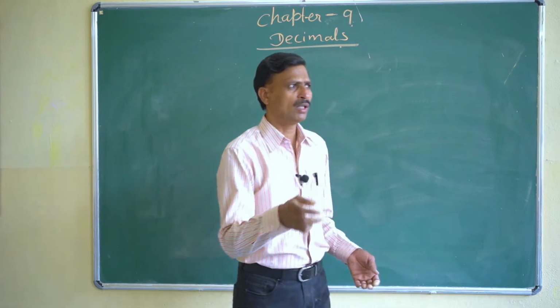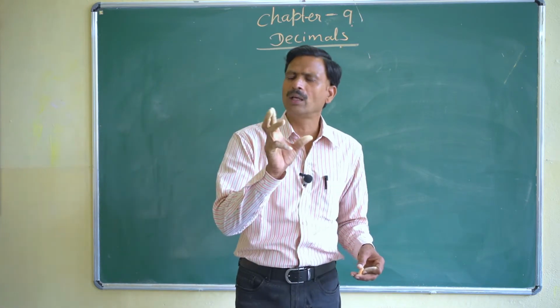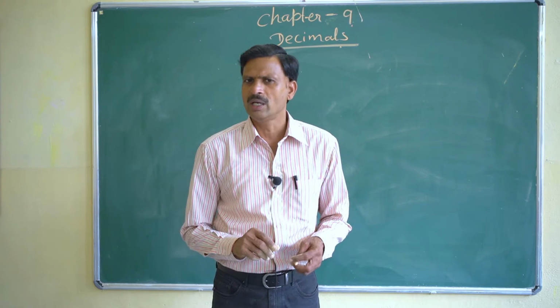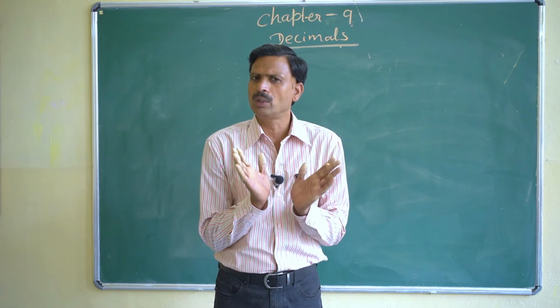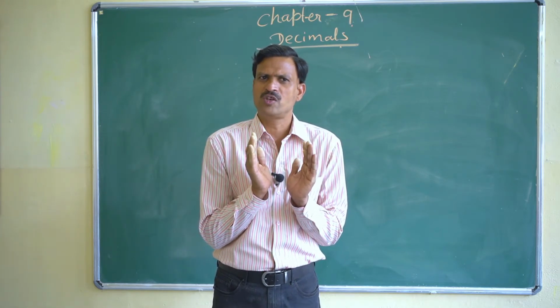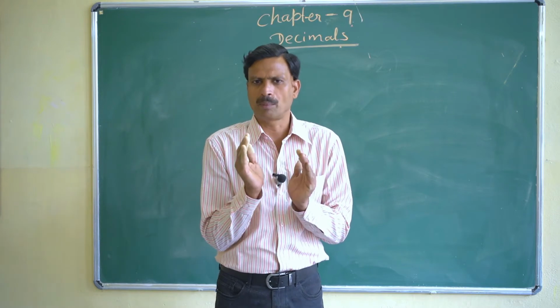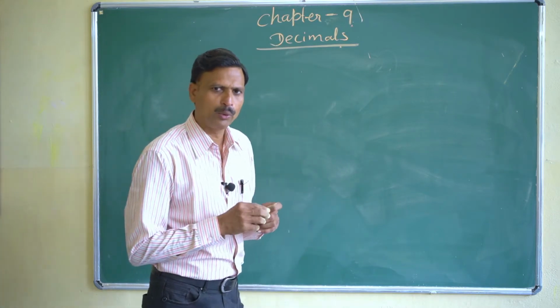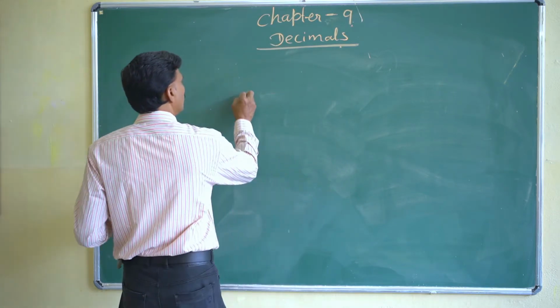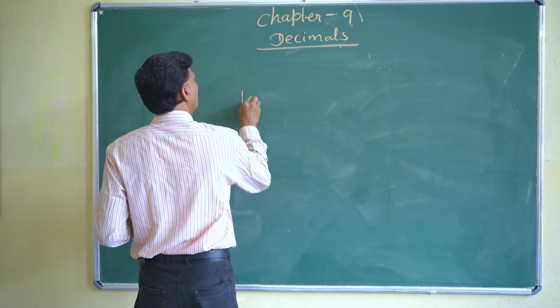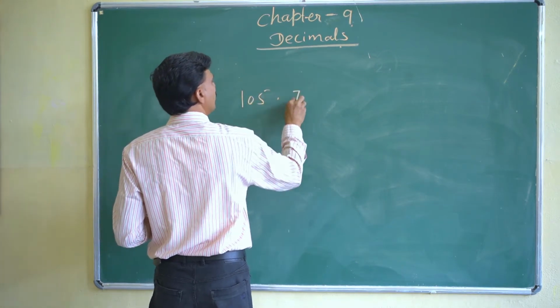And one thing more, we can compare two decimal numbers also. When we are comparing two decimal numbers, we first compare their whole number part. What is the whole number part? Suppose there is 105.75.